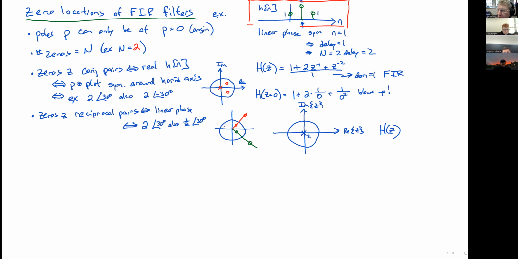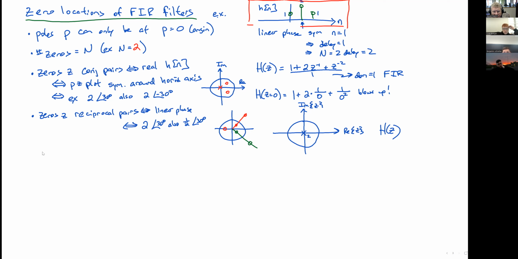How about if we put one right here? How many zeros would we have to add in order to keep this thing linear phase? So that's 180 degrees, and negative 180 is the same place.